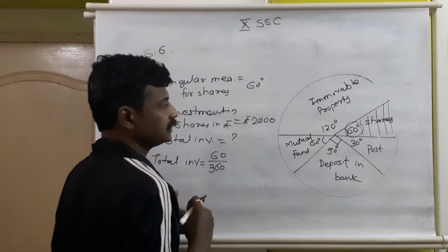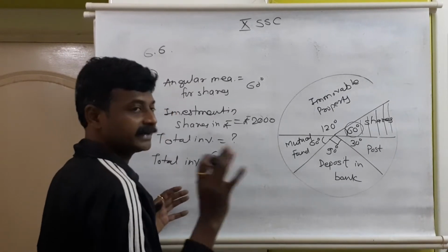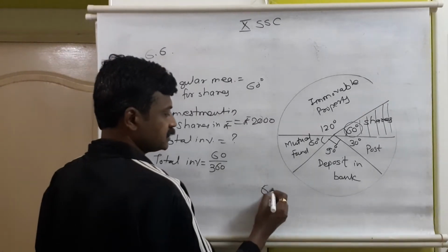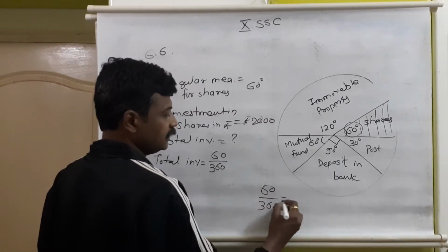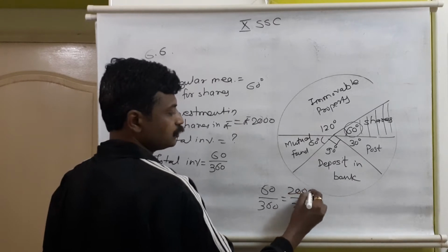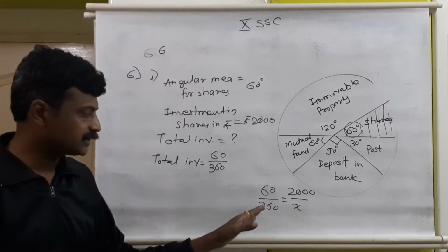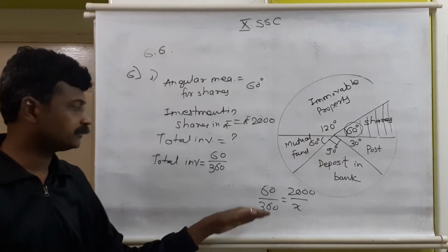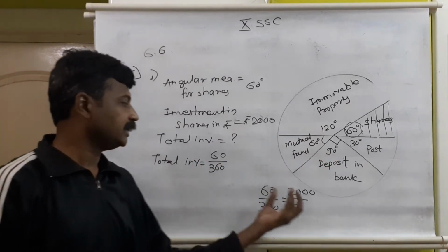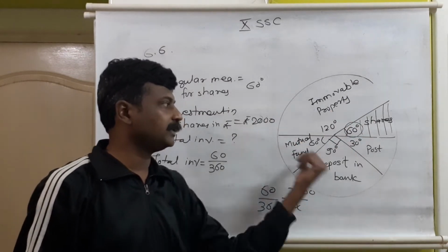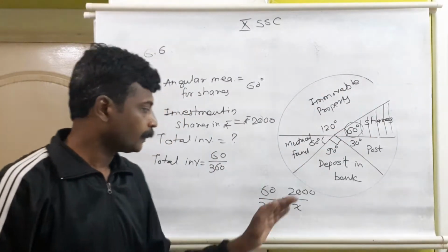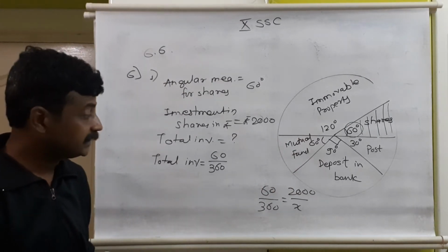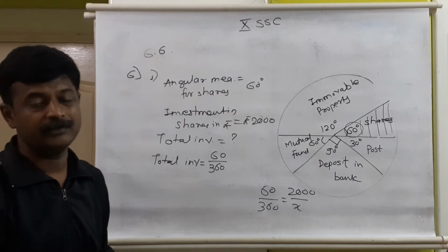Suppose we consider the total investment as X. 60 out of 360, then out of how much it will be 2000 rupees. If 360 is the total angular measurement, out of that 60 degrees is for shares. Then if X is the total investment by the family, overall investment by the family, then 2000 will be for shares. If we want to find the value of X, how will it be?